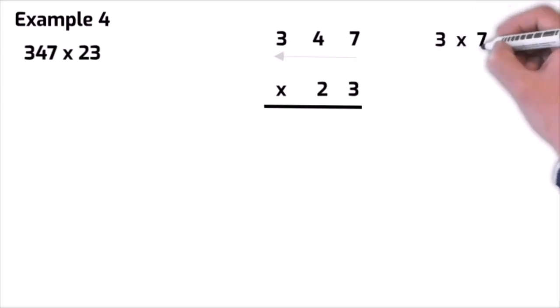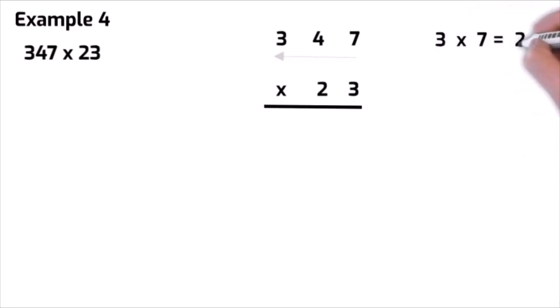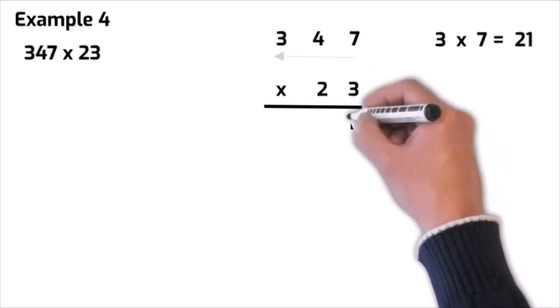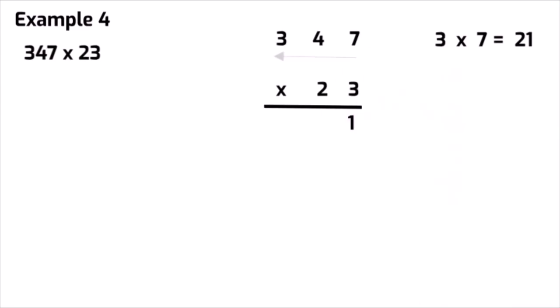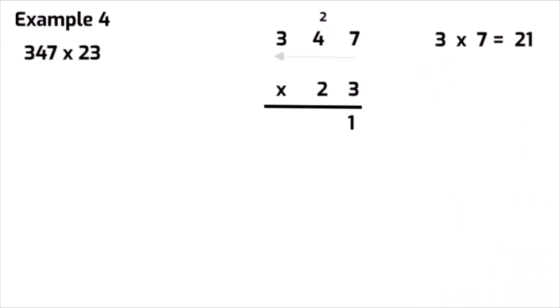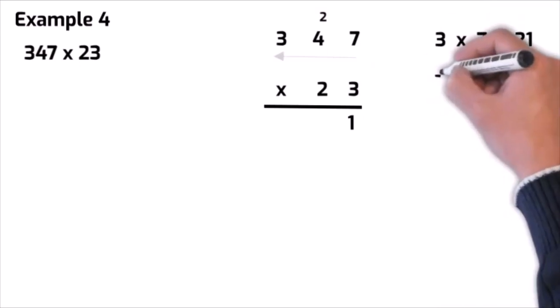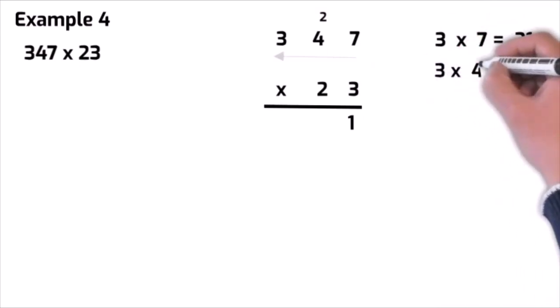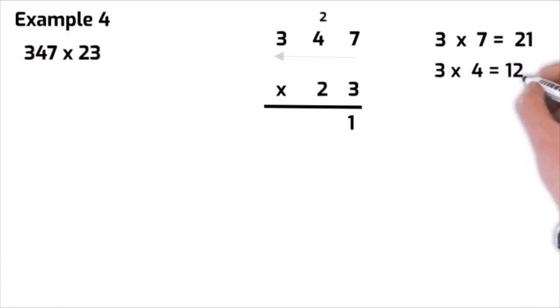3 times 7. 3 times 7 is 21. So, we write down 1 and carry 2 over to 4. Afterwards, it is time to multiply 3 times 4. 3 times 4 gives us 12.